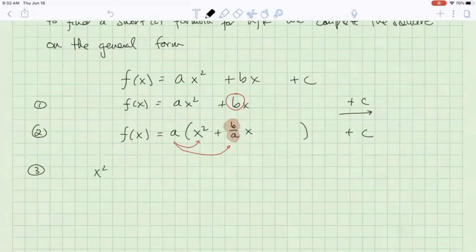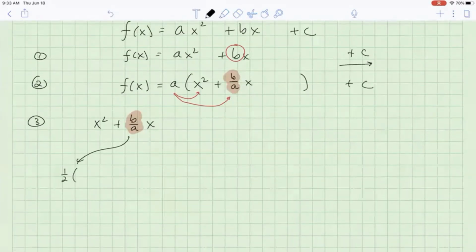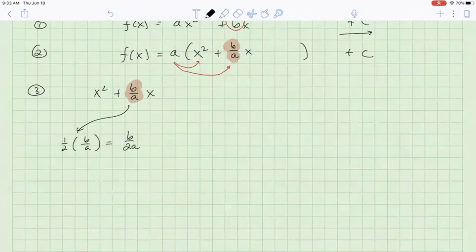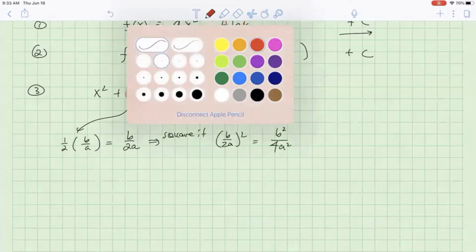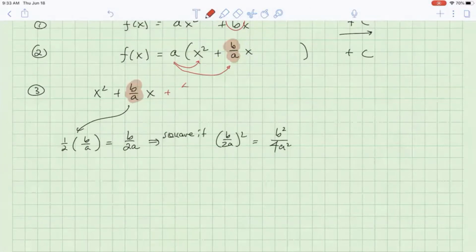So for x squared plus b over a x, we take this value, we cut it in half, and that gives us b over 2a, and then we square it, and we get b over 2a squared, which is b squared over 4a squared, and that is the magic number, whatever that turns out to be, that we add in.